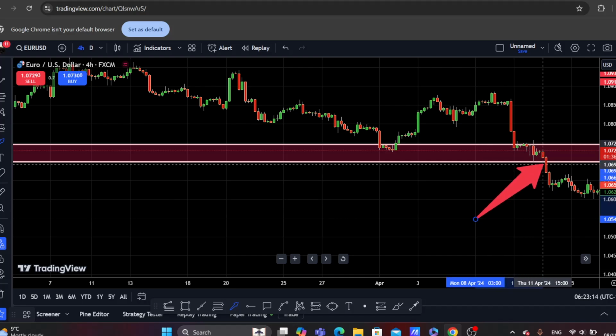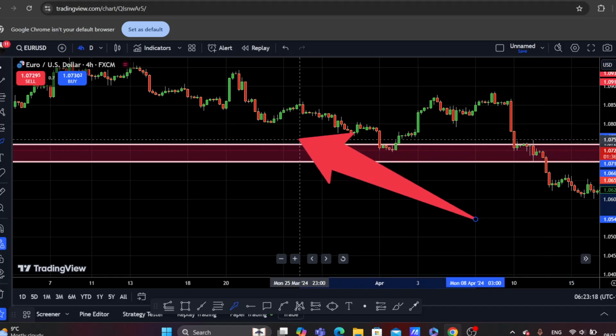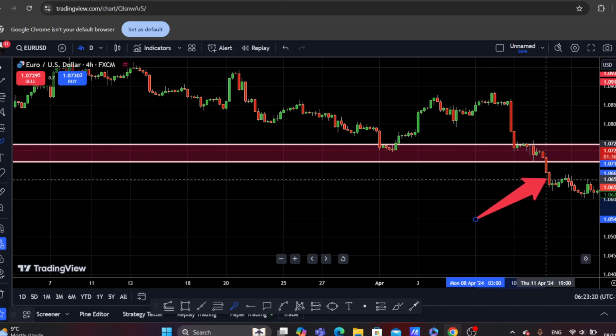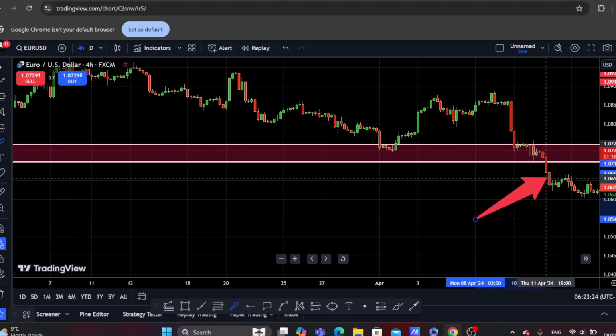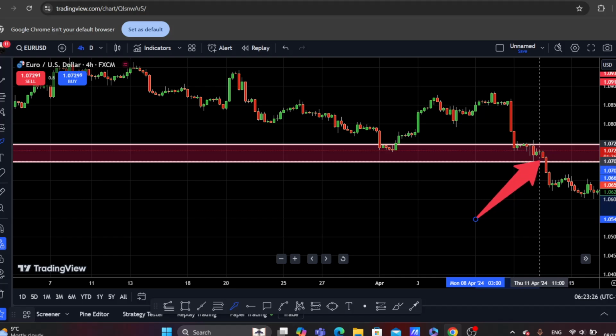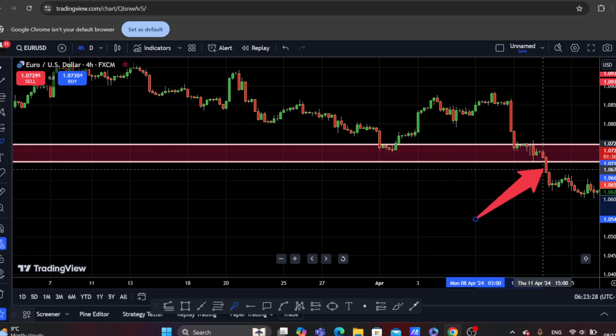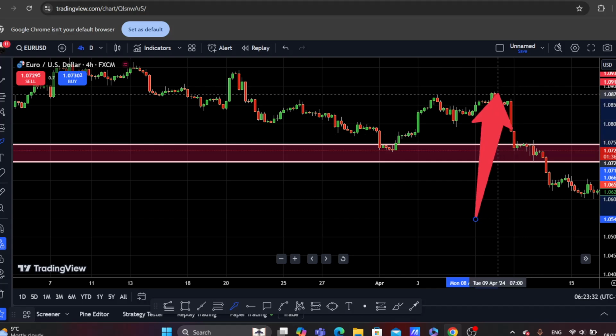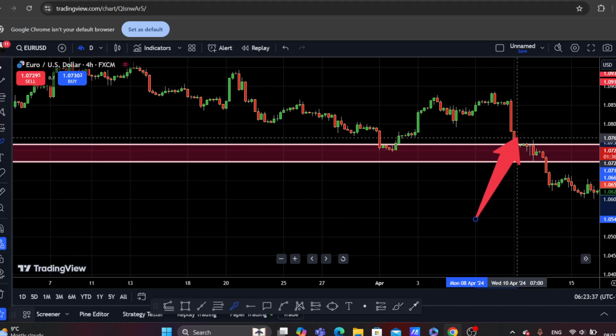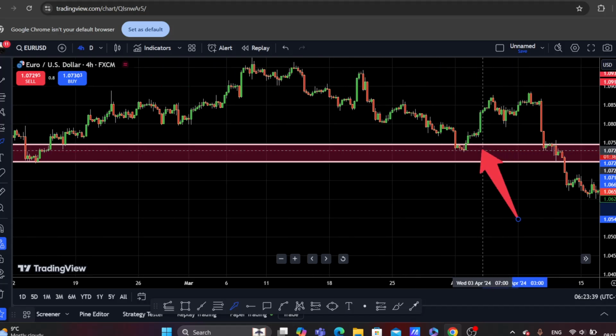Once we have this breakout of a level like this, a lot of sellers will go short. A lot of people will enter and take a short trade. And if they do take a short trade here, where would the stop be? The stops are going to be above this level, or even above that level, depending on how big your account is. So what am I trying to say?